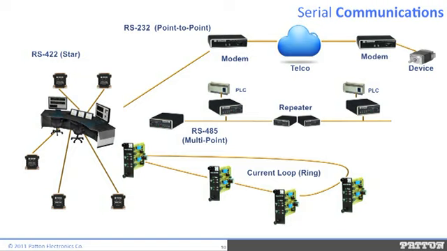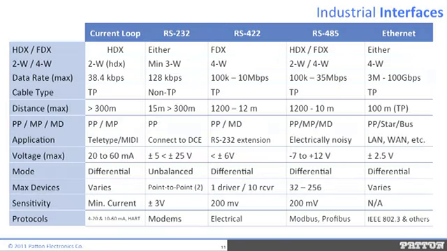Perhaps because I became familiar with them long ago using the RS prefix, I still refer to them as the RS standards. This slide sums up many of the parameters related to the interfaces we have been discussing. You'll note on the right it includes Ethernet to be discussed shortly. The table's columns are arranged approximately in an older to newer timeline order, that is, from right to left.